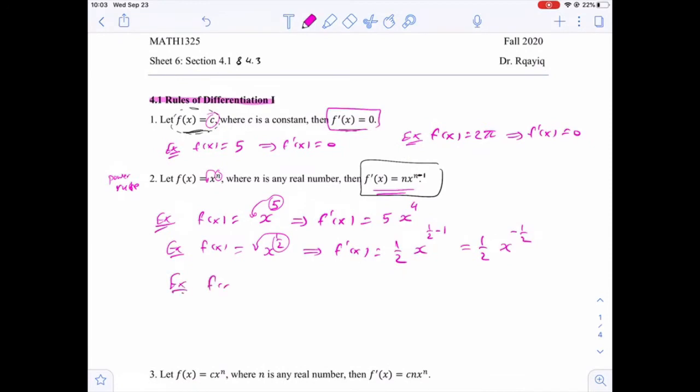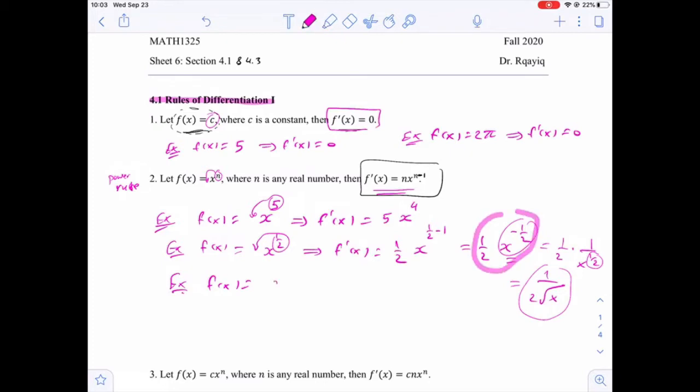Actually, for this one you can simplify more. We prefer to write terms with positive or non-negative powers, so we can bring this down and it becomes positive 1/2. We know that the power 1/2 denotes the square root, so we can write the derivative in this form, 1 over 2 square root x. Or if you want to leave it in the previous form, that's okay as well.